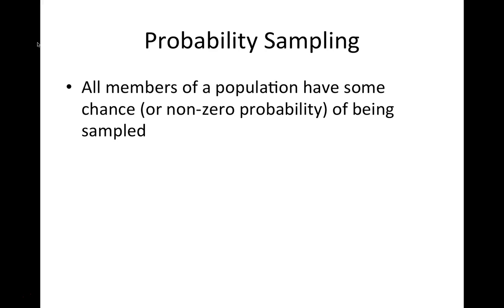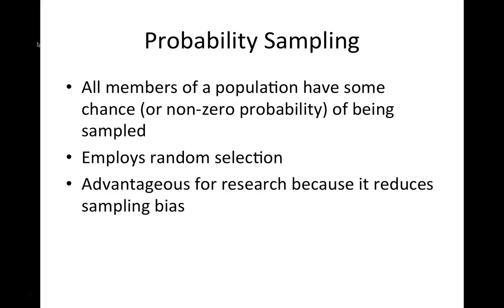In probability sampling, all of the members of a population have some non-zero chance of being sampled. And typically these sampling techniques employ random selection. And these, as your book notes, are advantageous for research because they reduce sampling bias. And so again, this is the way that we typically get the most generalizable sample.